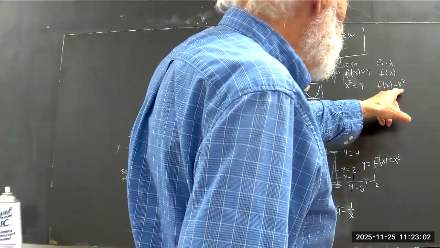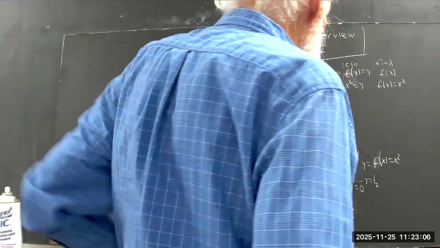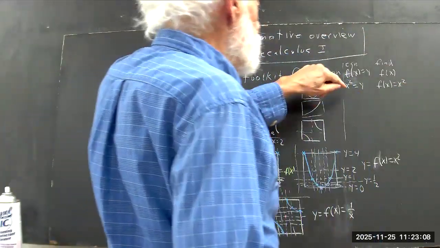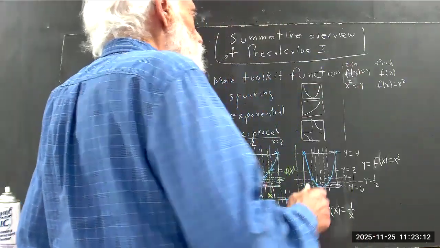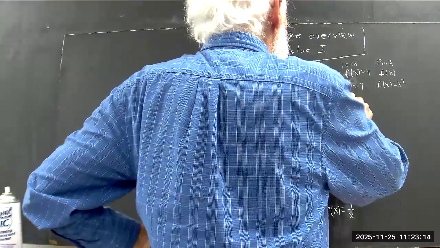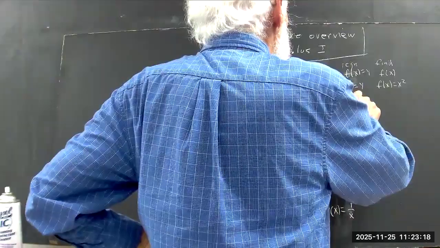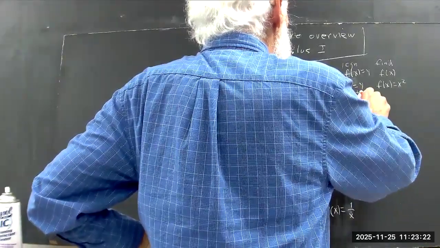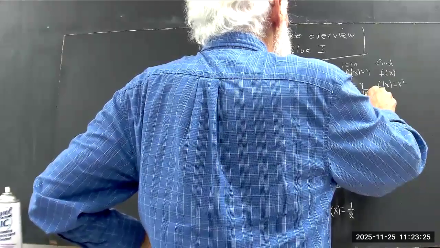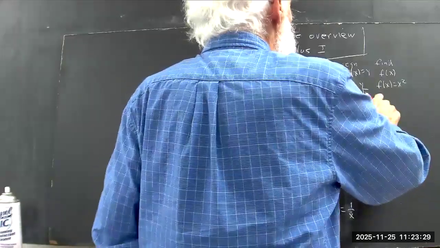So we just plug x in and we end up having to square x. So we'll do an example of that in a minute. The equation x squared equals y has a solution x equals plus or minus the square root of y.